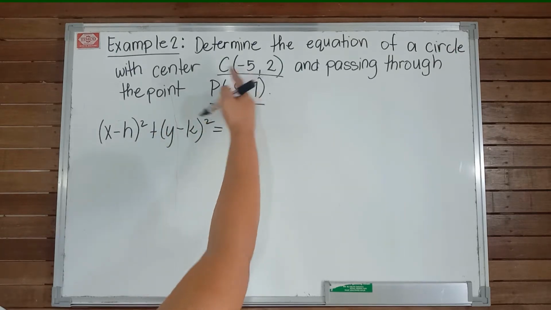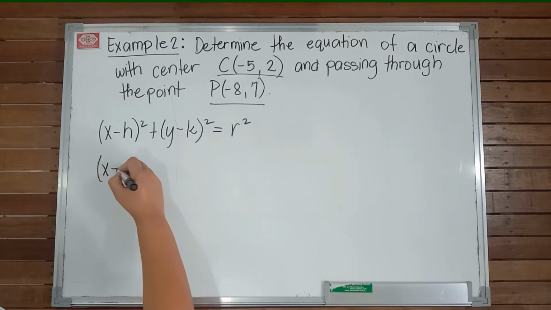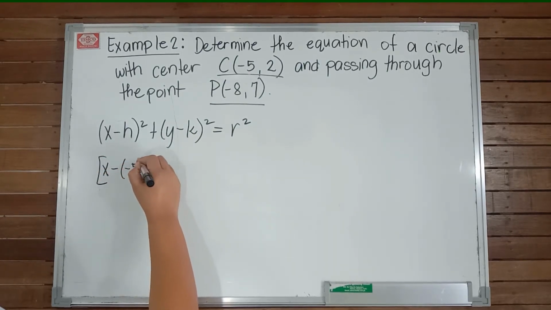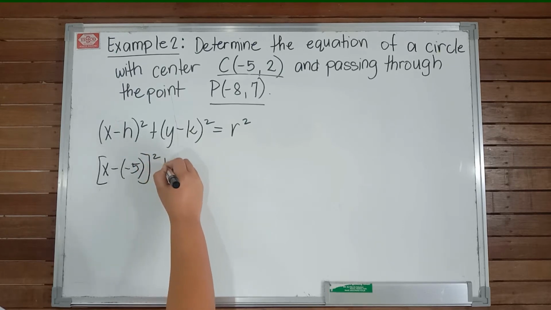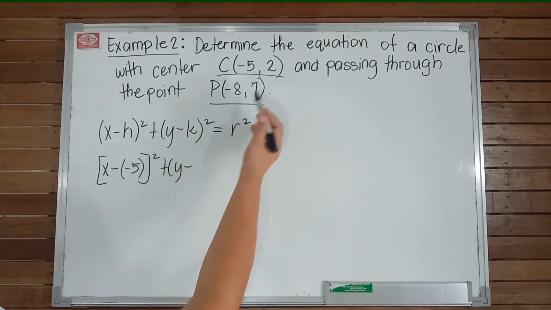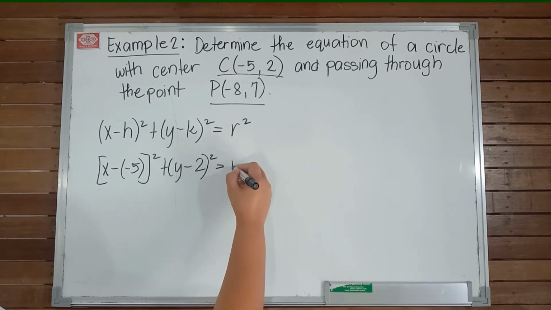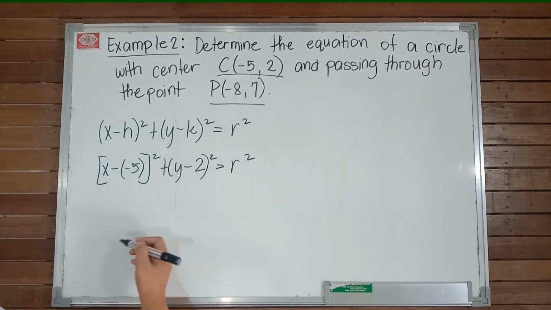So our h is negative 5. So we substitute it in the formula. We have x minus, we will use a bracket because our h is negative. So x minus negative 5 squared plus y minus 2 squared equals r squared.